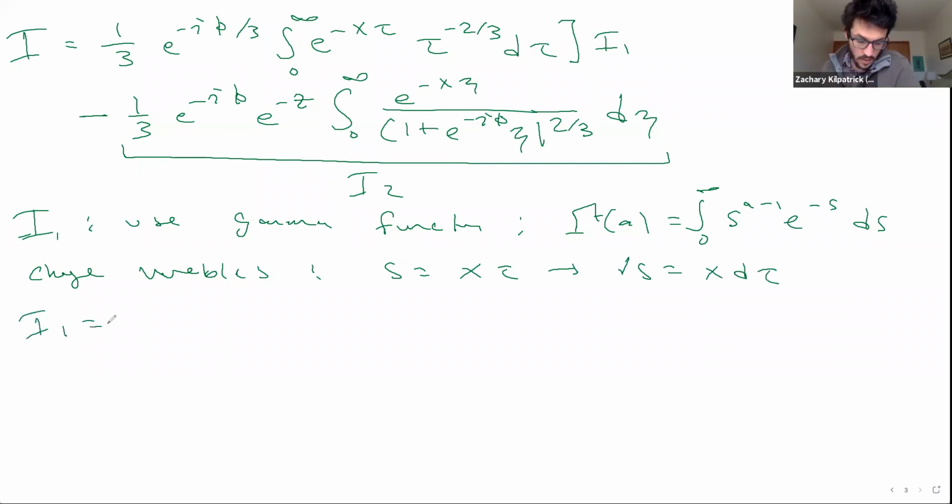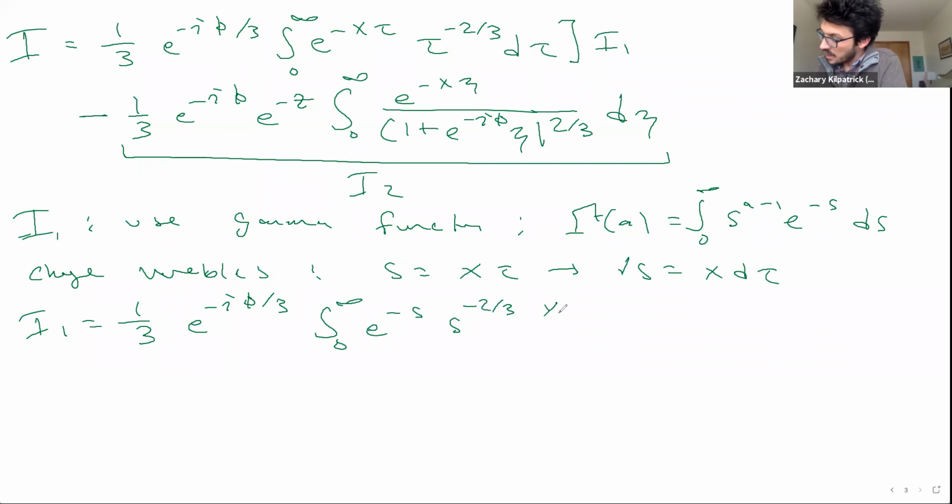So then I1 is going to become a third e to the minus i phi over 3, integral from 0 to infinity, e to the minus s now, s to the minus 2/3, x to the 2/3 over x d s, or in other words, just gamma of a third over 3 z to the 1/3, right?